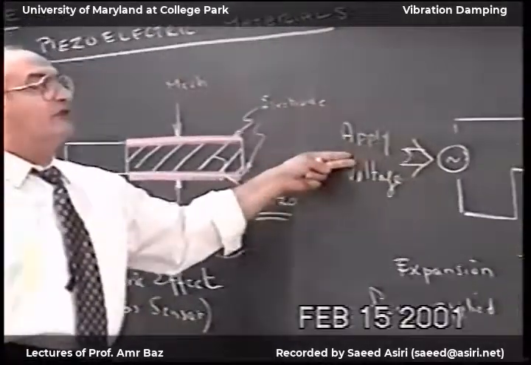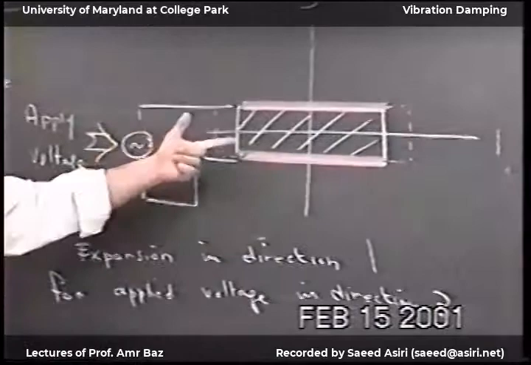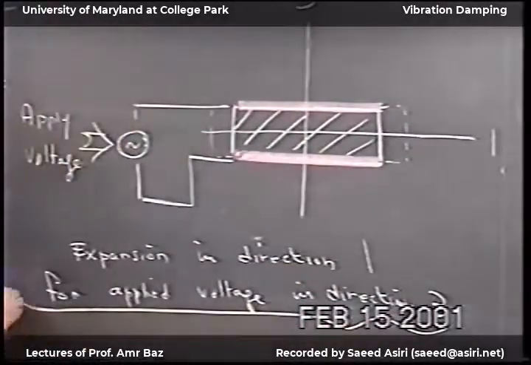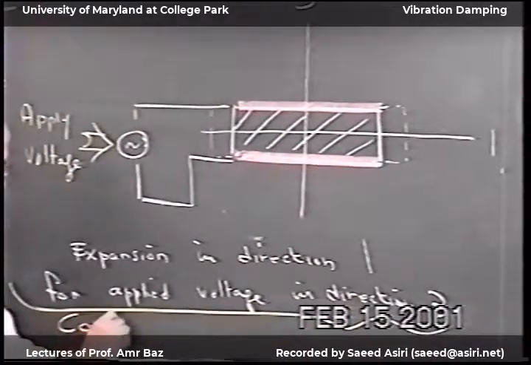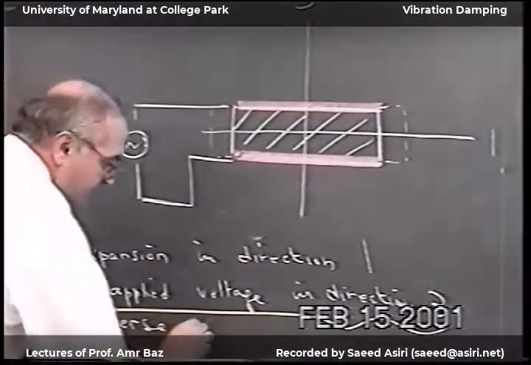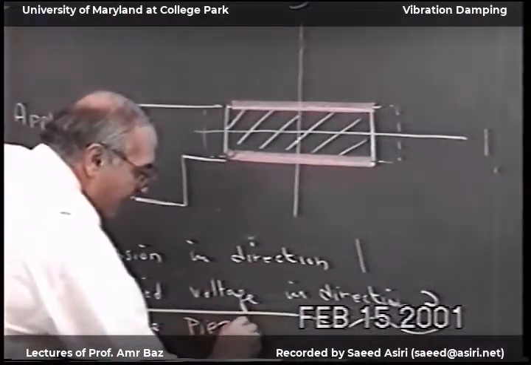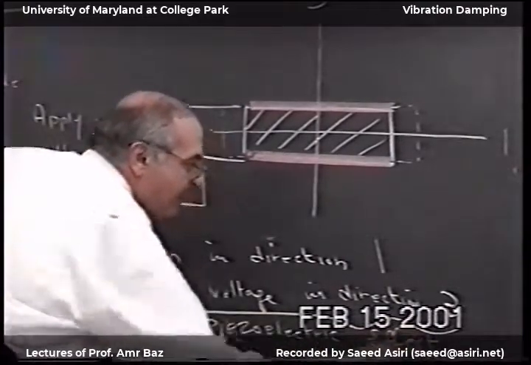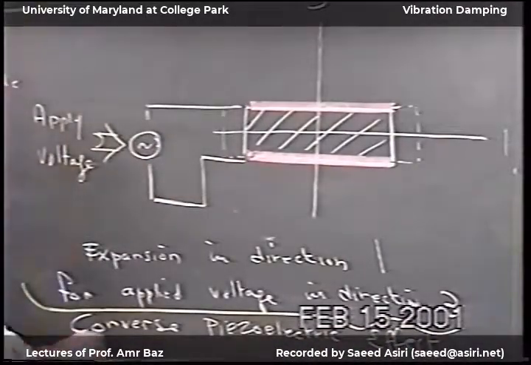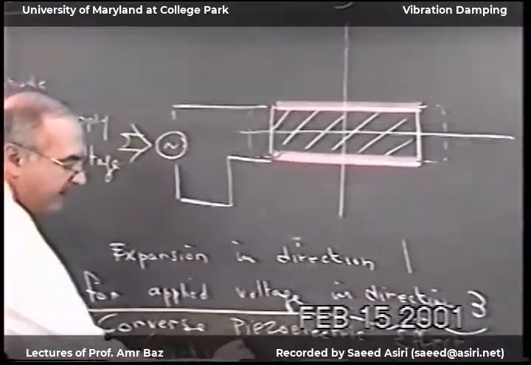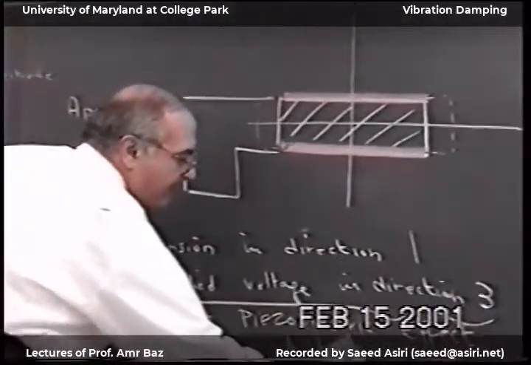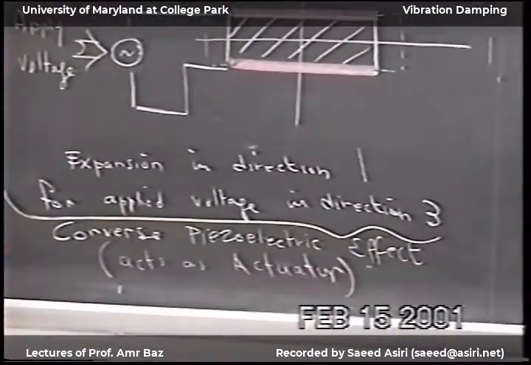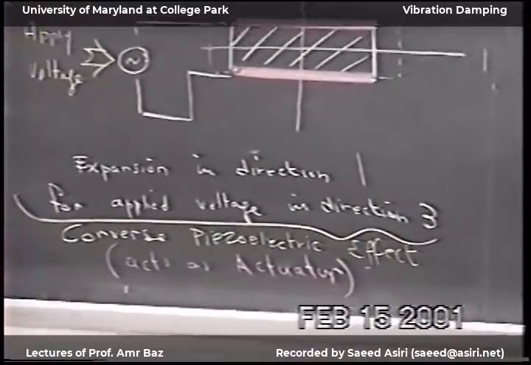If we apply voltage, we generate mechanical motion, so it acts like an actuator. And the material acts as an actuator. I'm going to only work in one-dimensional motion in this class.